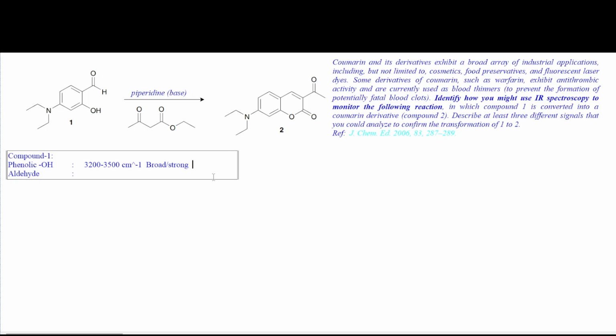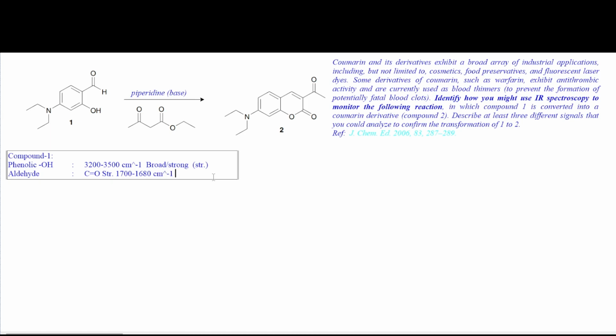Broad, strong, and this is related to stretching. So aldehyde C double bond O stretch, and that is expected to be somewhere around 1700. It could be less than 1700 as well.